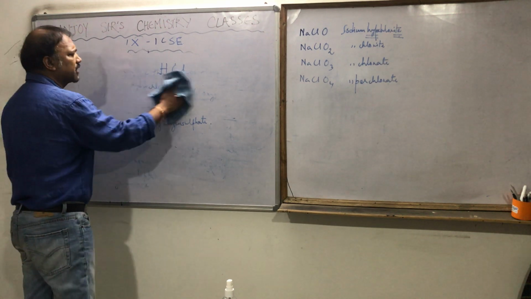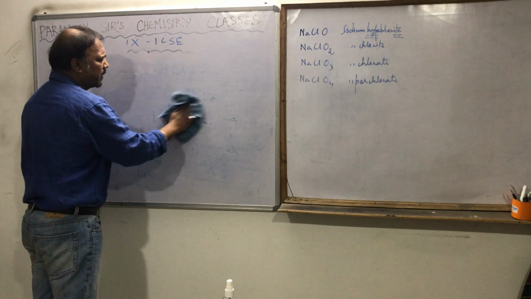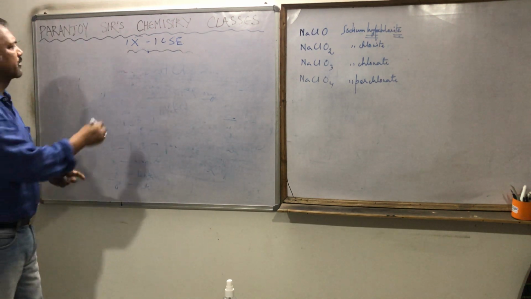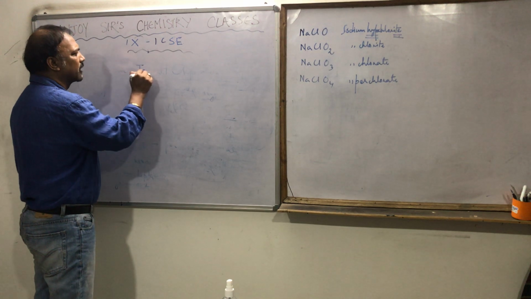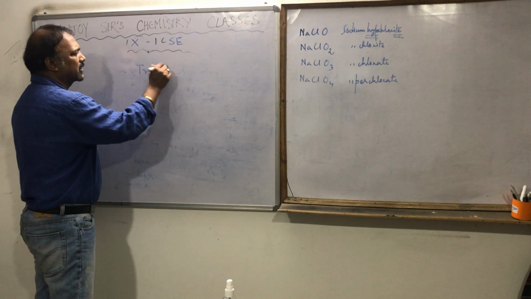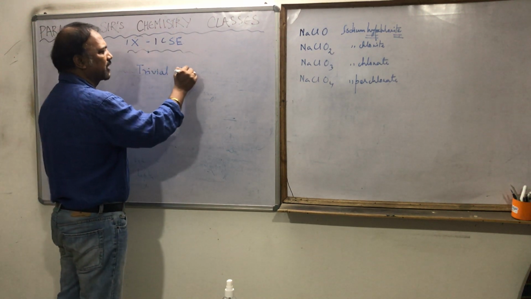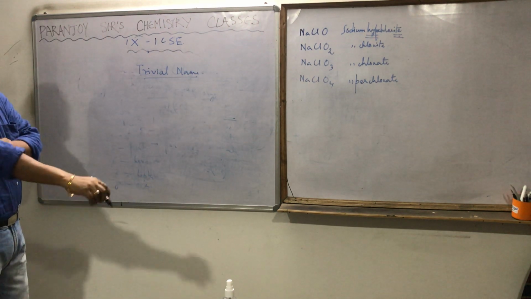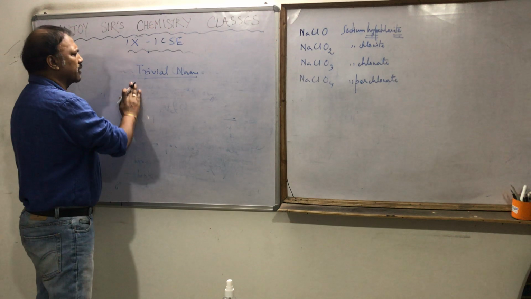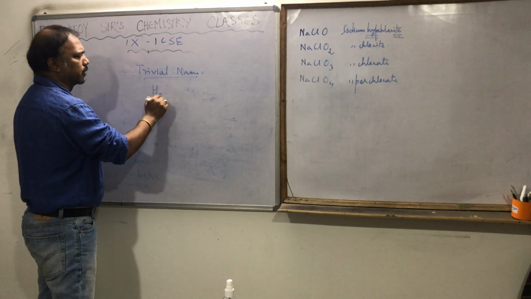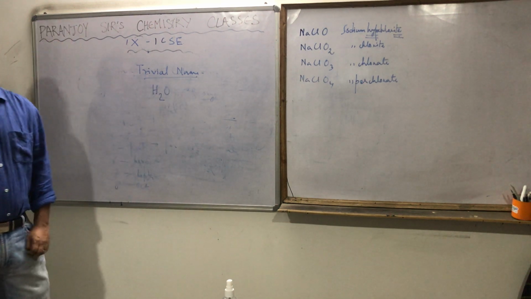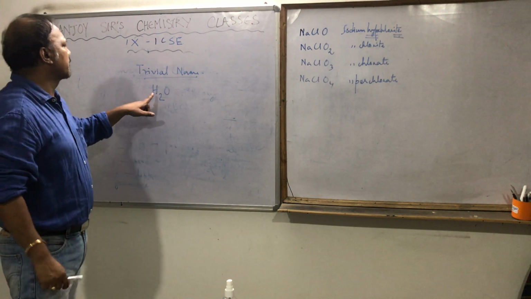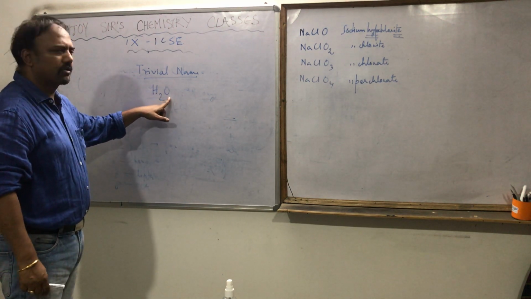Next one is trivial name. Trivial names are certain names which do not follow the rules, just like tribal names, which do not have any rules. For example, suppose H2O. If I try to name it according to the rule, this is a non-metal and this is also a non-metal.